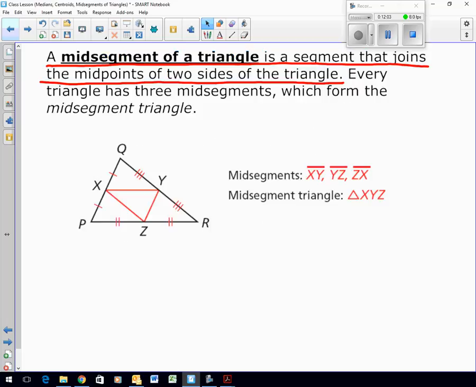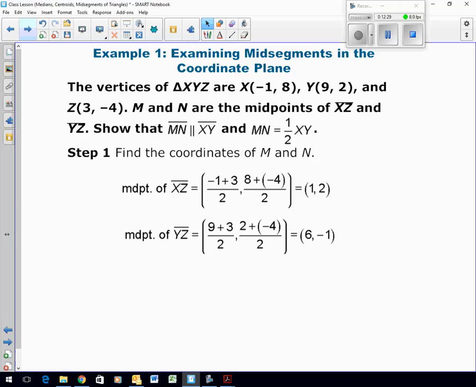So first off, let me go back to this example. Imagine I started off this problem and said the coordinates of P, Q, and R are such and such. Here are the coordinates for P, Q, and R. Plot those points. Then you would use your midpoint formula to come up with the midpoints X, Y, and Z. Plot the points, use the midpoint formula.